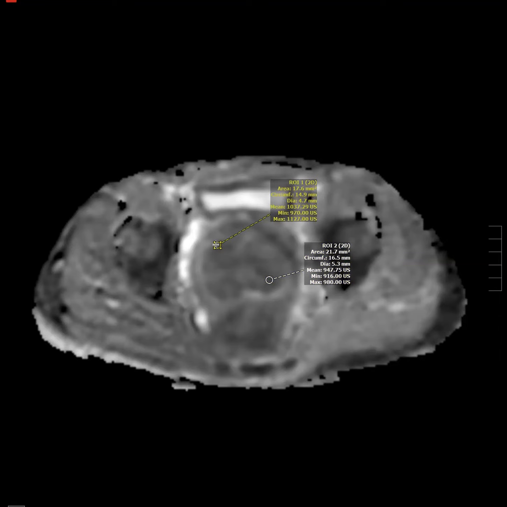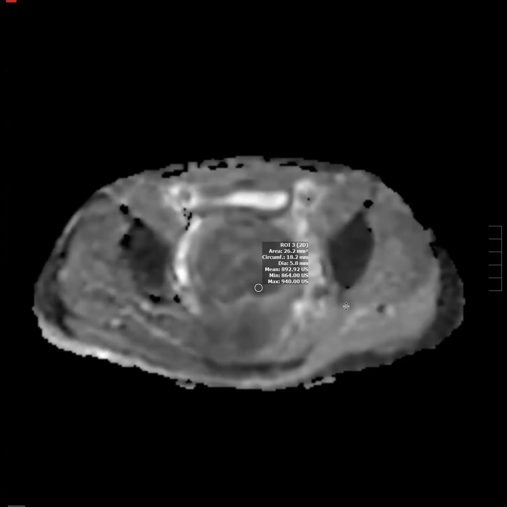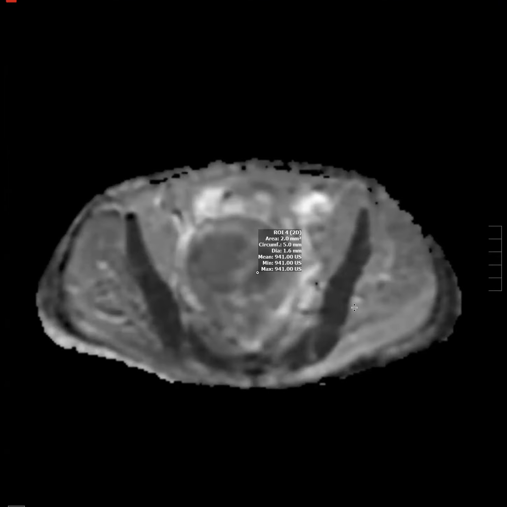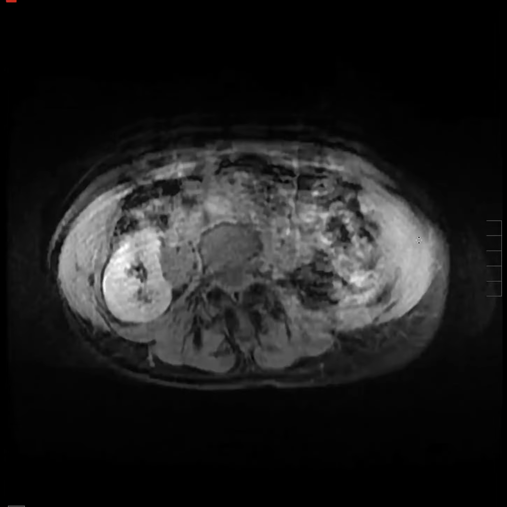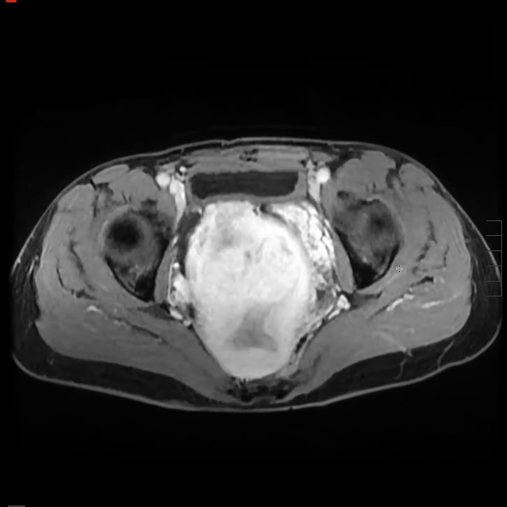Okay. So did any of them? We were talking about that radiology consensus paper where they said an ADC less than 900 is suggestive of a leiomyosarcoma rather than a leiomyoma. Yes, but only if it meets the earlier criteria. The first criterion is that you have to have enhancement, and this lesion is enhancing.